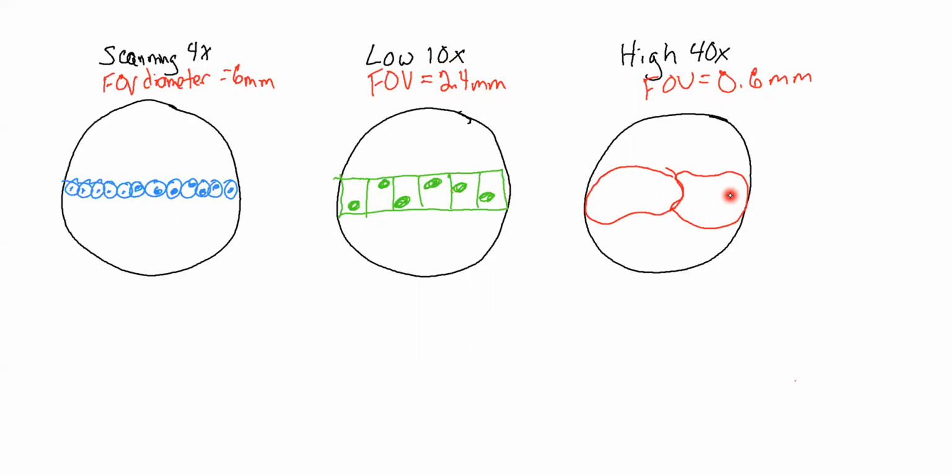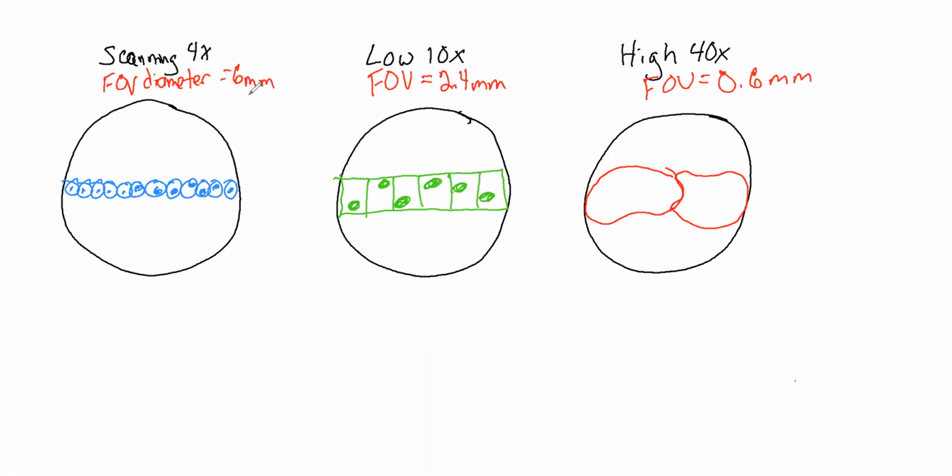So by knowing how big this field of view is, we can calculate approximately how big each one of these cells is, at least in width, if we're measuring it from end to end. It's pretty simple to do this. If we think about each one of these and their specific field of view diameters, we just have to compare the number of cells to that number.